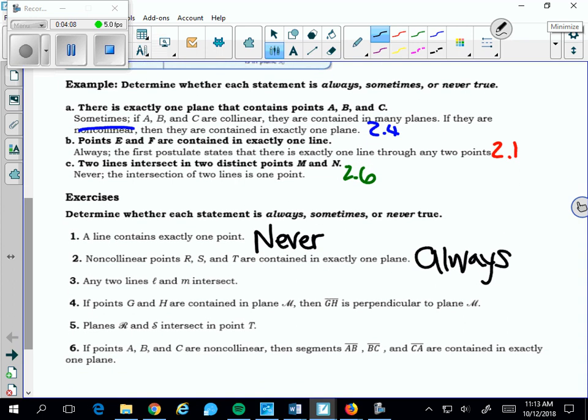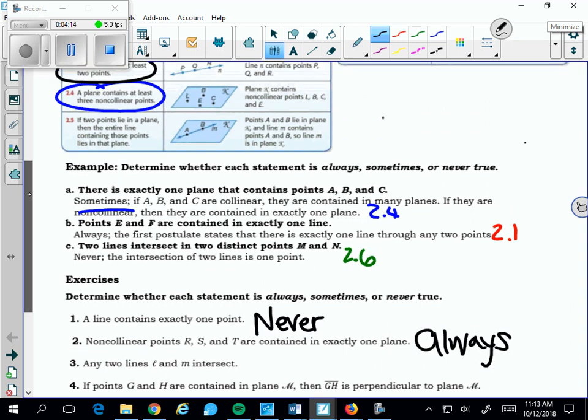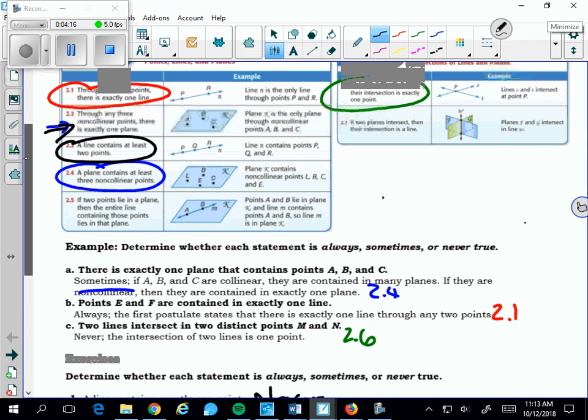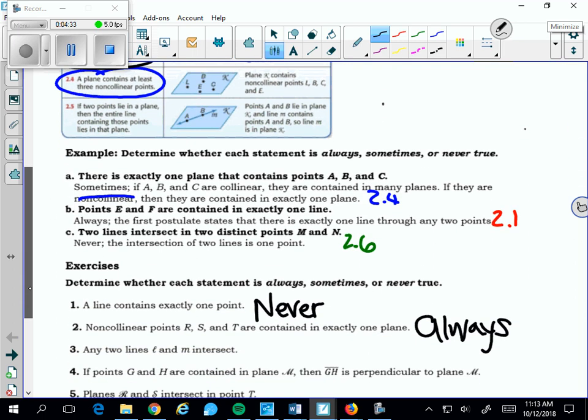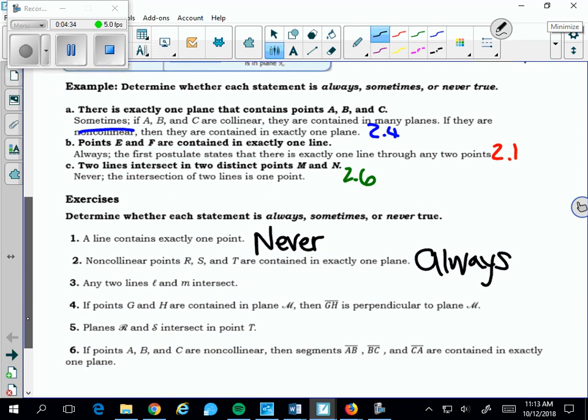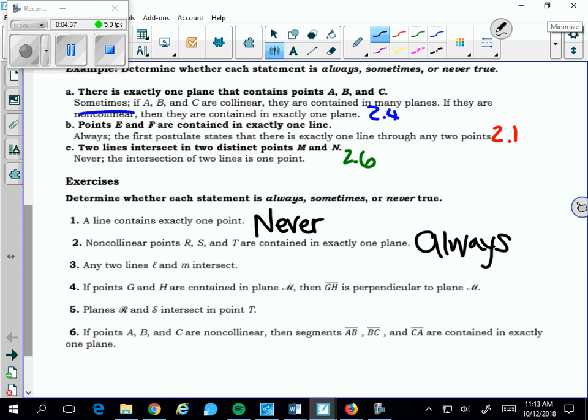And then I'll do number 3 as well. It says any 2 lines, L and M, intersect. We don't really have a postulate here that necessarily points me in the direction of that answer. But I do know, just think about the nature of lines.